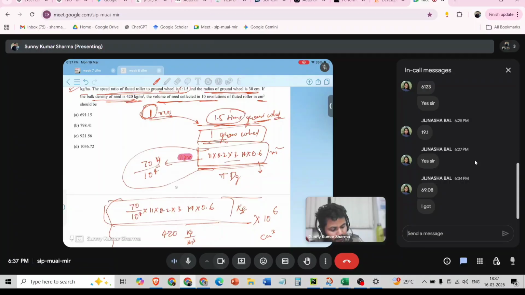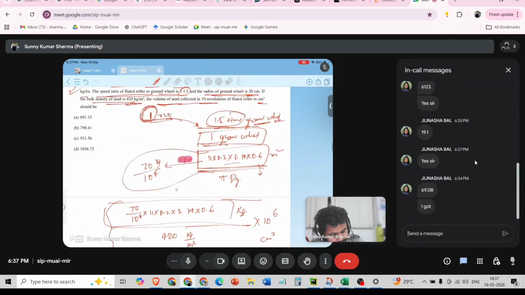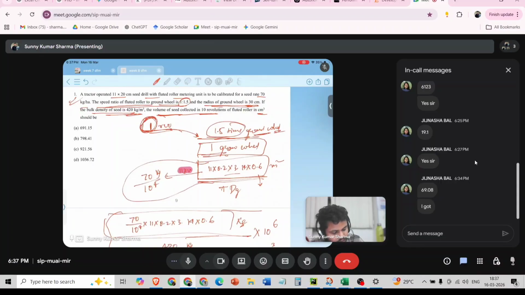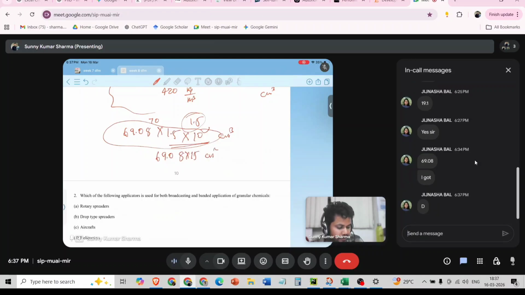That will be for one revolution of seed drill. So 69.08 should be multiplied with 1.5, and that is one revolution of the seed drill. So that should be multiplied with 10. This will be in centimeter cube. So 69.08 into 15 centimeter cube will be the answer.